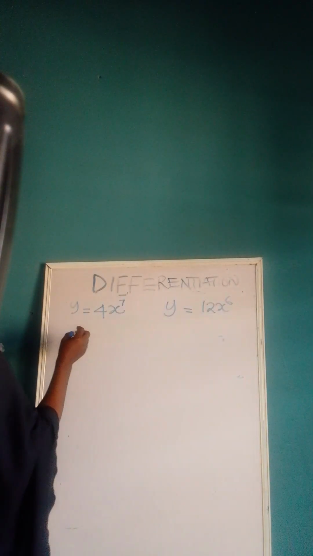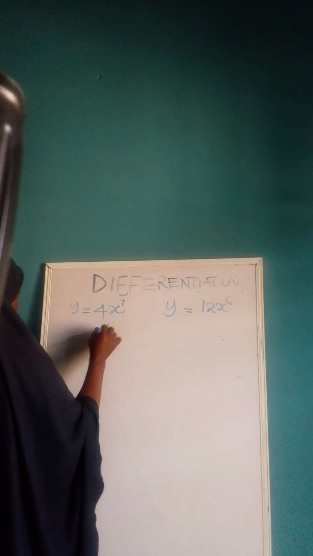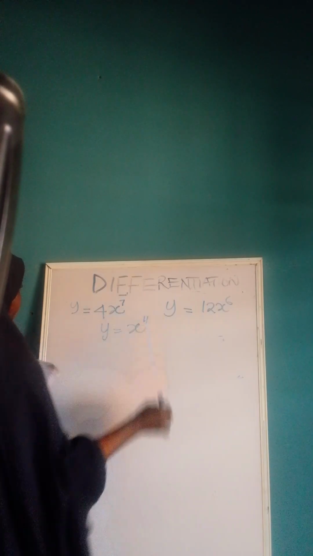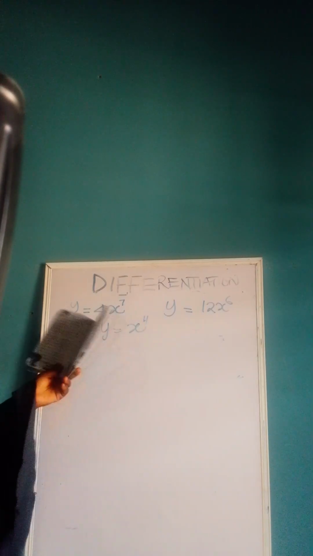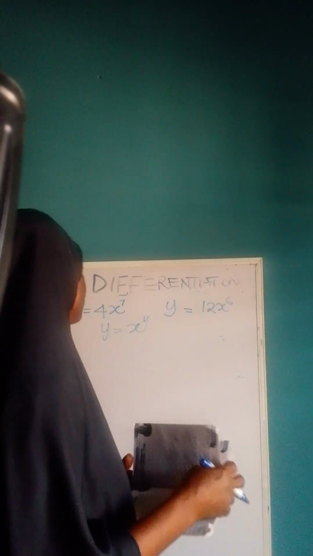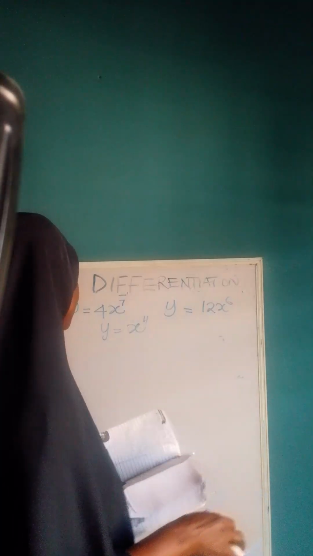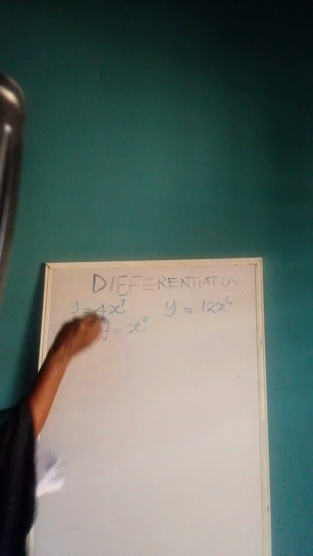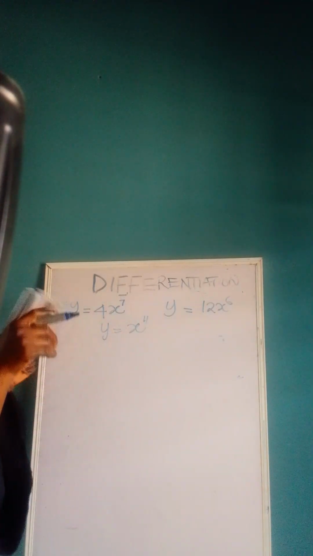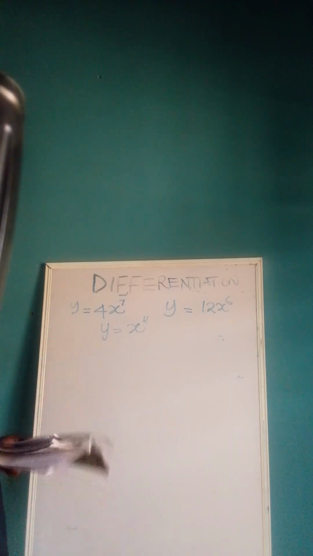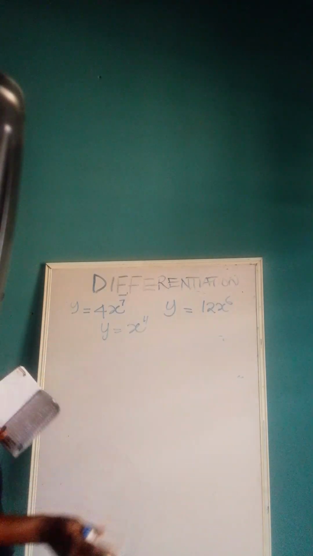And y equals x raised to power 11. So you can lay your hands on it and try it and see whether it's going to work or not. It's as simple as that. You make sure that you transfer the power to the side, multiply with the coefficient, and reduce the power by 1. That is just it.